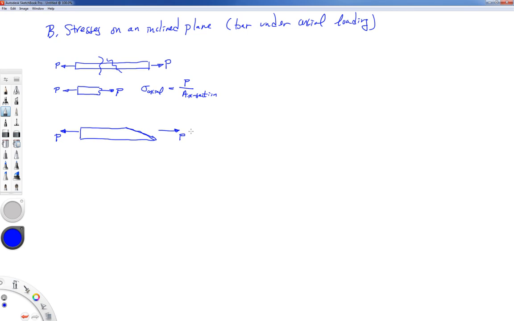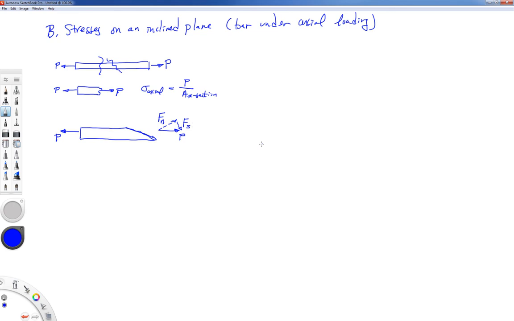Since we know about normal stresses and shearing stresses, we're going to take that force P and break it up into two components. One component is perpendicular to the area of the inclined plane, and one is parallel to the inclined plane. The perpendicular component I'll call the normal component, and the parallel component I'll call the shear component. So we have Fn and Fs.